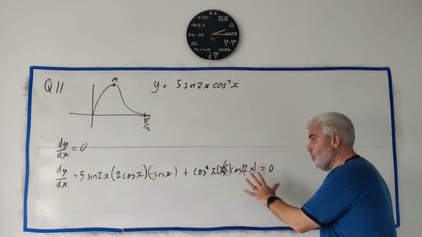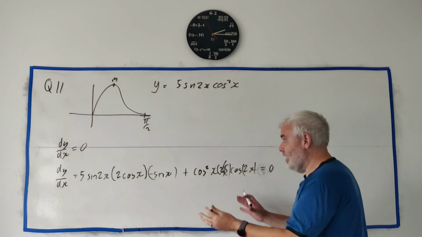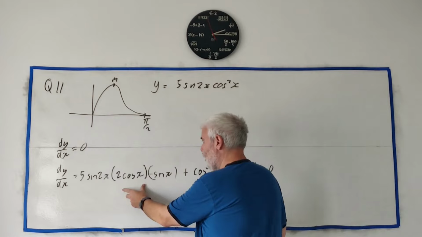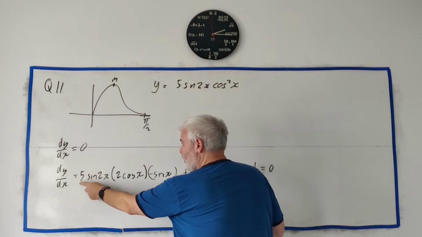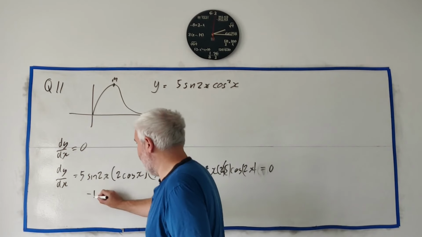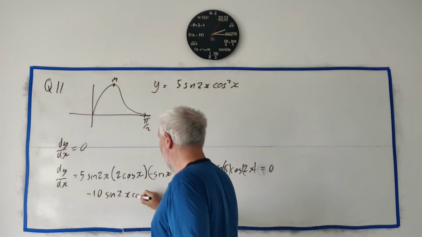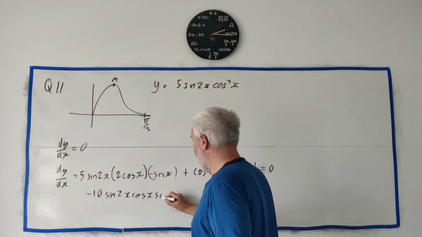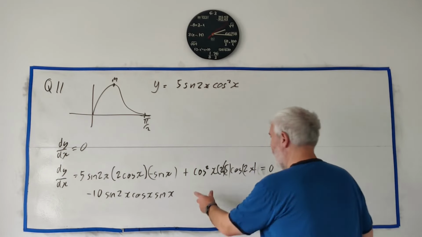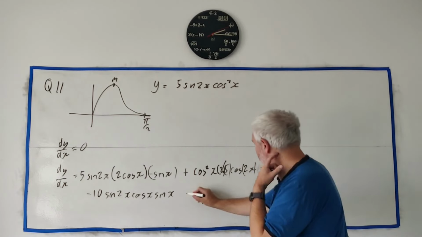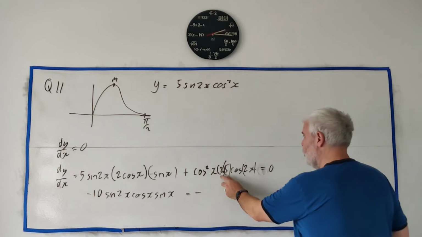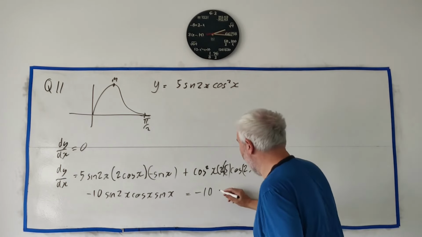We have an equation. Let's move things around, clean things up. This will become 5 times 2, that's minus 10, sine 2x, cosine x, and a sine x. And let's move this over to the other side of the equals. That'll become a minus as well. 2 times 5, that's a 10 as well.